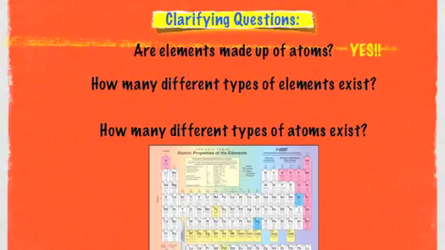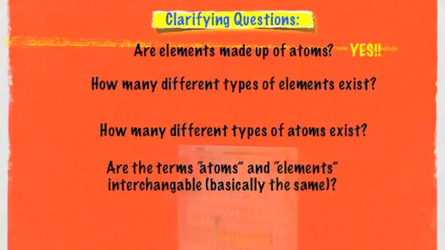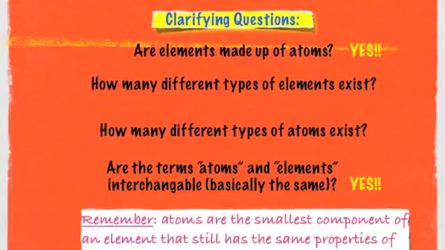Those are also different types of atoms. So the question: are the terms atoms and elements interchangeable? Do they mean basically the same thing? The answer to that is yes. But you have to remember that atoms are actually the smallest component of that element.